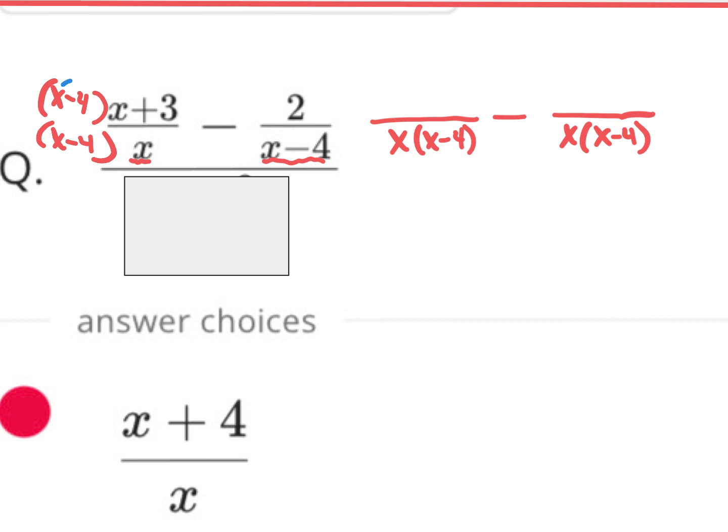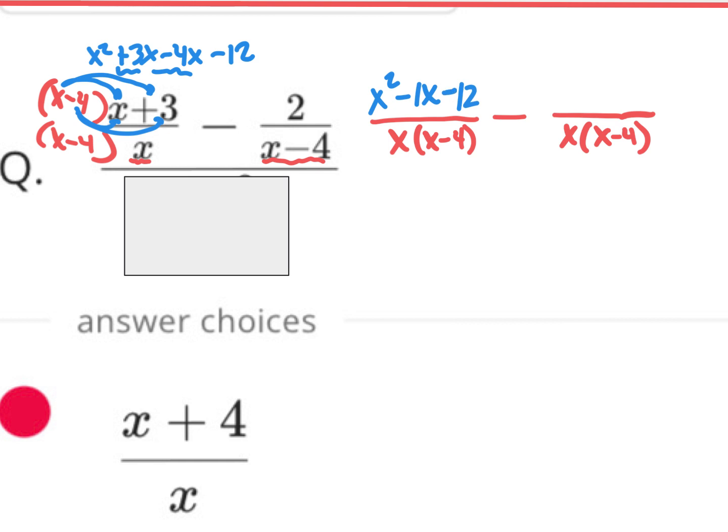So we're going to have to distribute x times x squared, x times 3, positive 3x, negative 4 times x, negative 4x, negative 4 times 3, negative 12. And when you combine the two middle terms, you're going to get x squared minus 1x or minus x minus 12. And that is the numerator of that first fraction on the top of this complex rational expression.